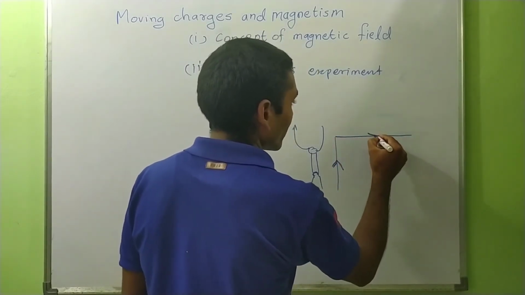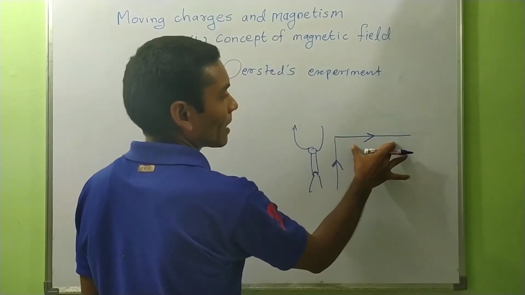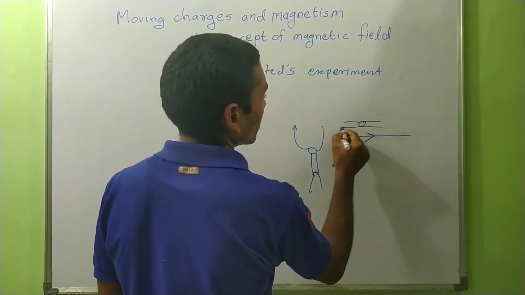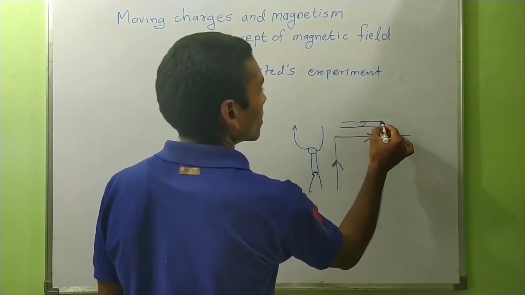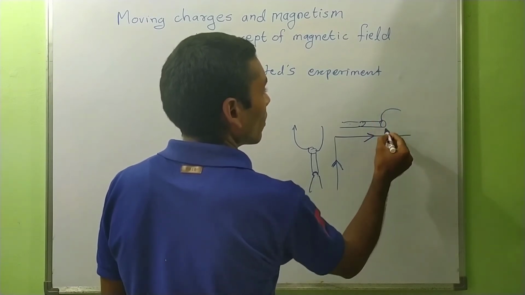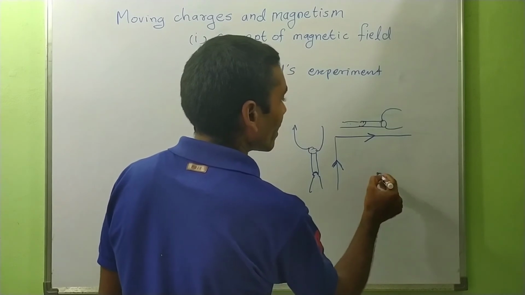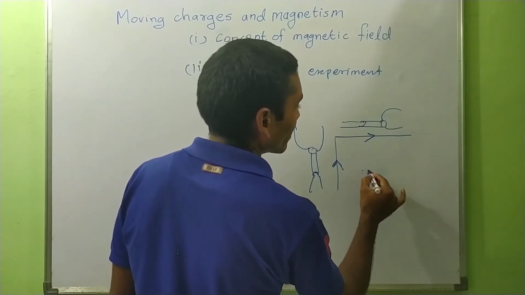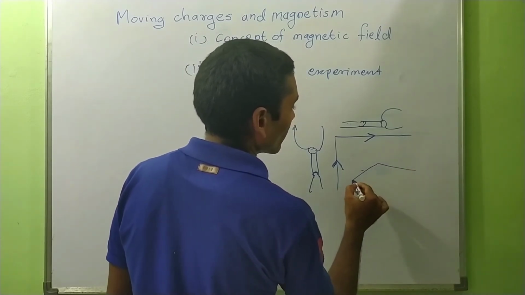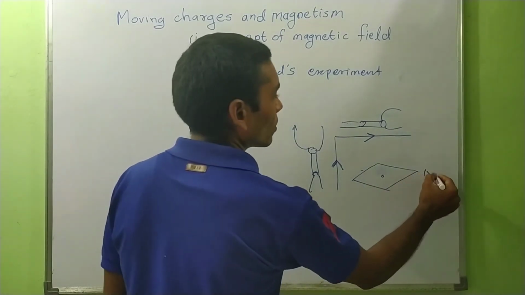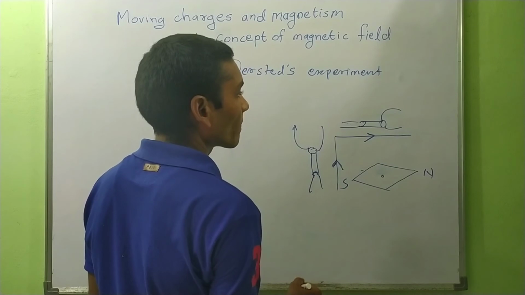If the current is along this direction and this is the swimmer, then for the direction of deflection in the magnetic needle, let this be the magnetic needle, this is north and this is south.